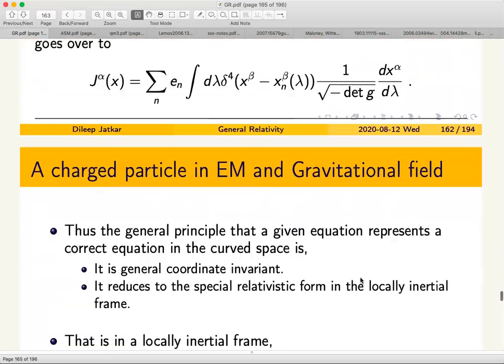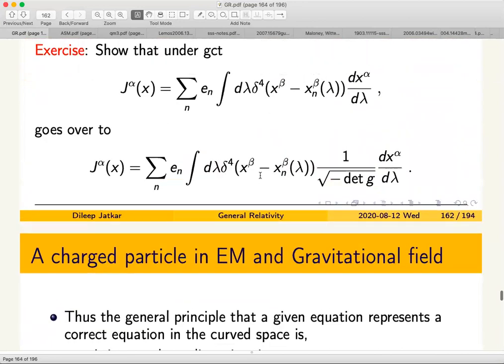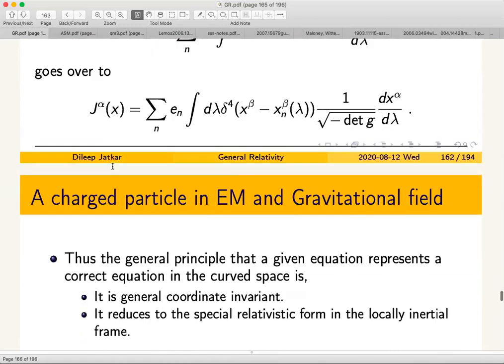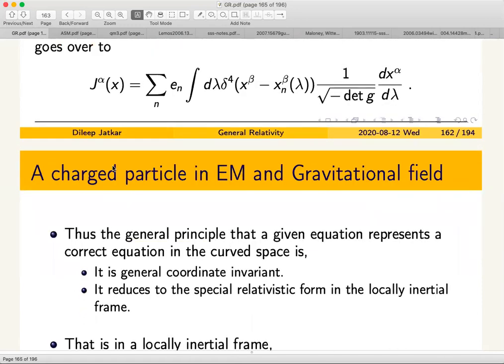Like the way we just talked about for J, this expression is definitely Lorentz covariant, but you want the expression to be covariant under general coordinate transformation, so you need to modify that. So that is the first condition. And the second condition is that if you take the special relativistic limit, that means if you are in a locally inertial frame, then you should get back the original equation whose generalization to curved space you are looking at.